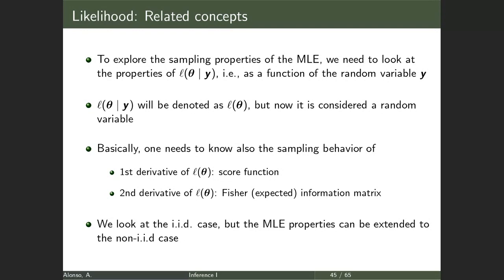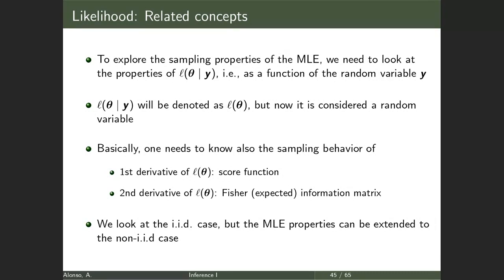So if we want to study the properties of this maximum likelihood estimator, what you need to do is study the properties of the functions this maximum likelihood estimator maximizes. So we are maximizing these log likelihoods, which are random functions, and we're going to study the properties of these random functions we're maximizing, because many of these properties later will translate into the properties of the maximum.